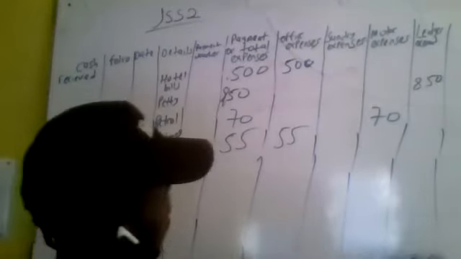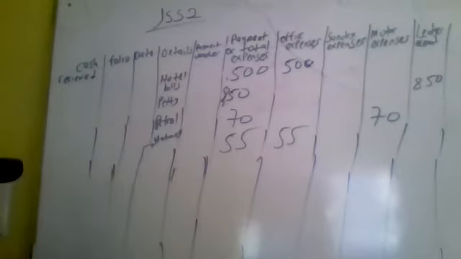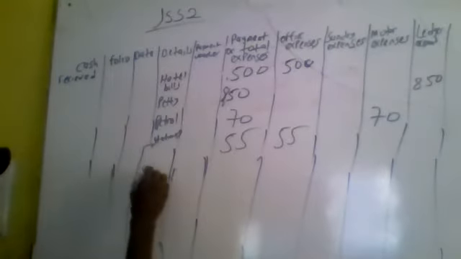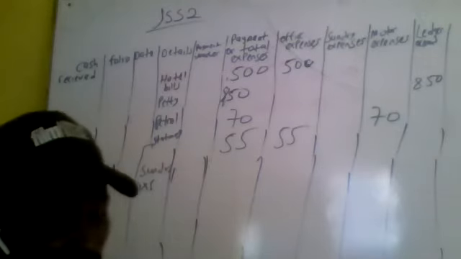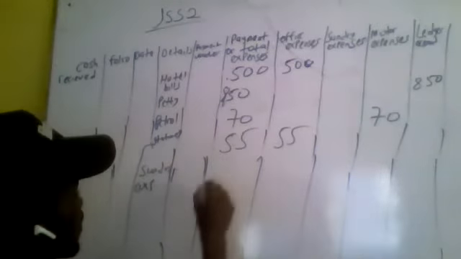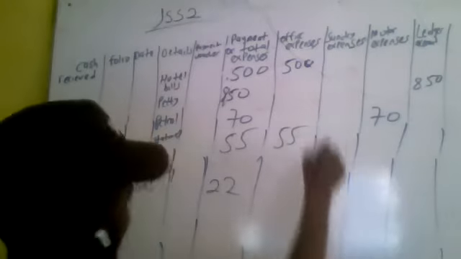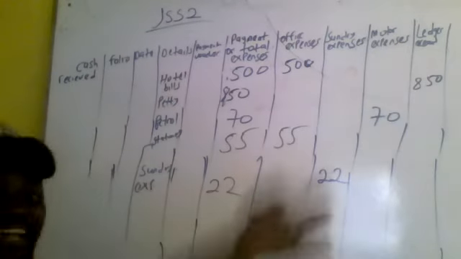Sundry expenses. How much is sundry expenses? 22 naira. Now it's going to fall under what? Under the sundry expense analysis account.